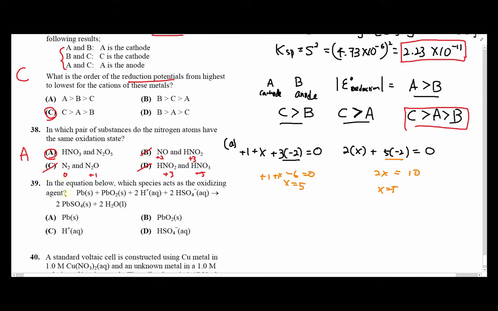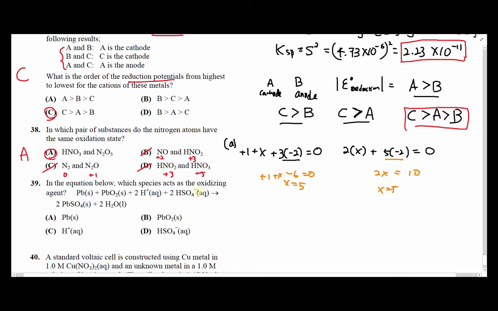Number 39, in the equation below, which species acts as an oxidizing agent? Now here's something students need to be careful about, especially if they're taking first year chemistry. Oxidizing agent doesn't mean the molecule or compound is undergoing oxidation. It's the opposite.